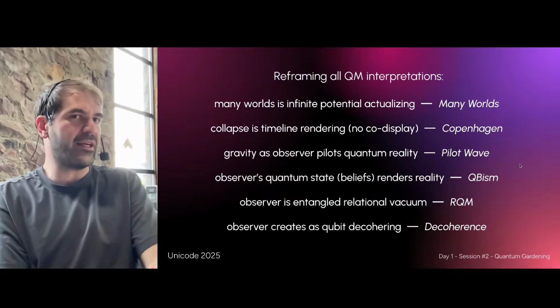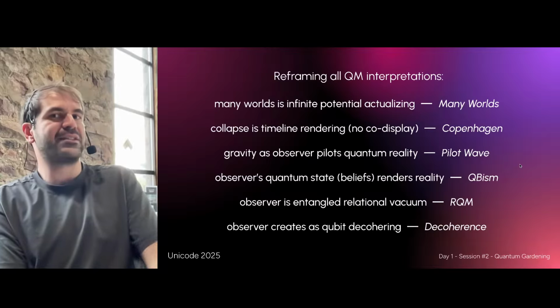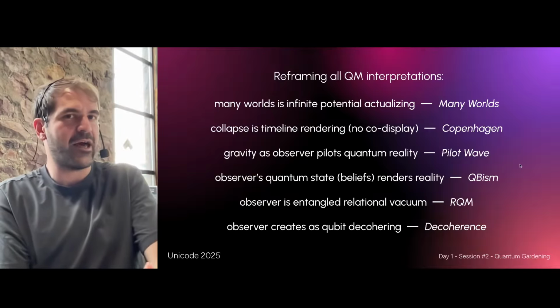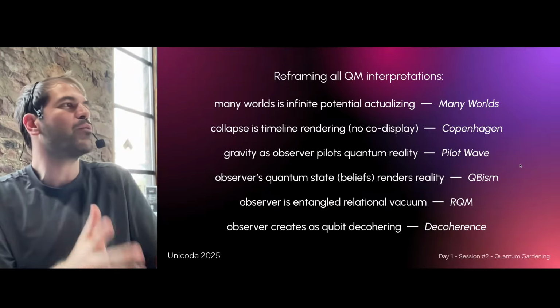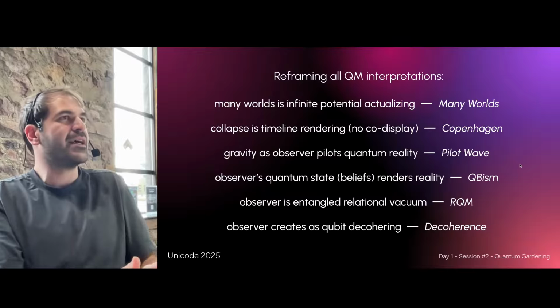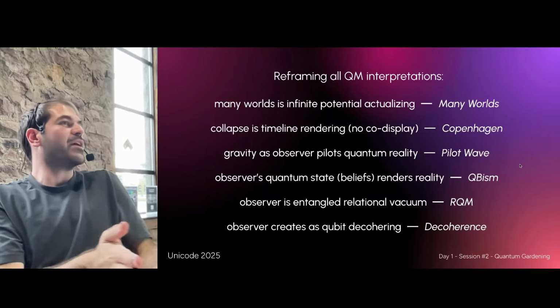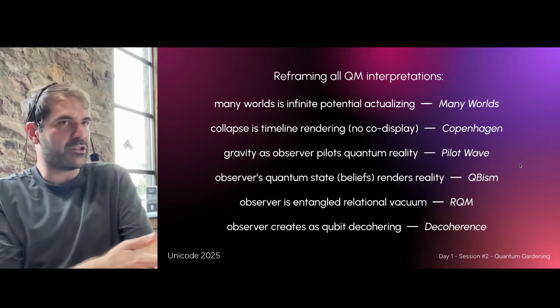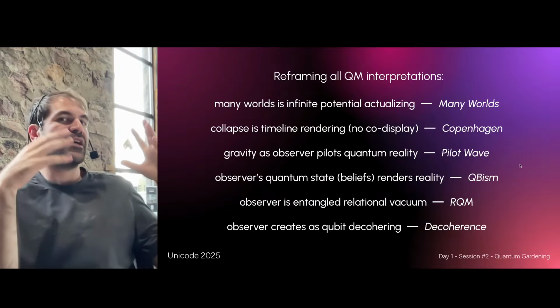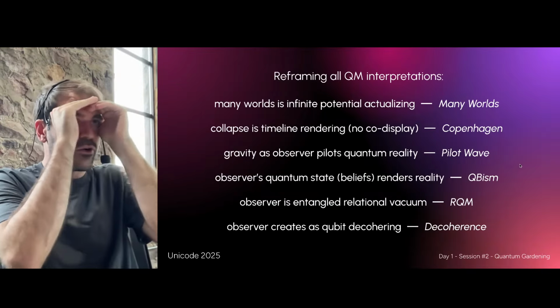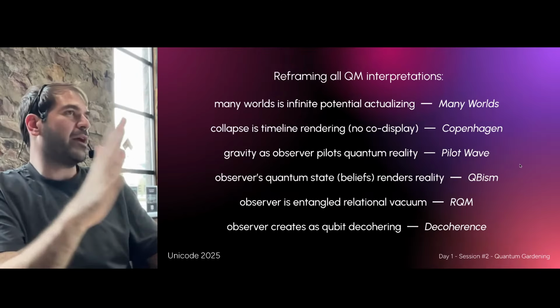Through the Copenhagen interpretation, because the collapse is a timeline rendering. So the way that the many worlds interpretation of quantum mechanics is actualizing itself is through the Copenhagen interpretation of quantum mechanics, which is a collapsing into a single, no code display rendering.